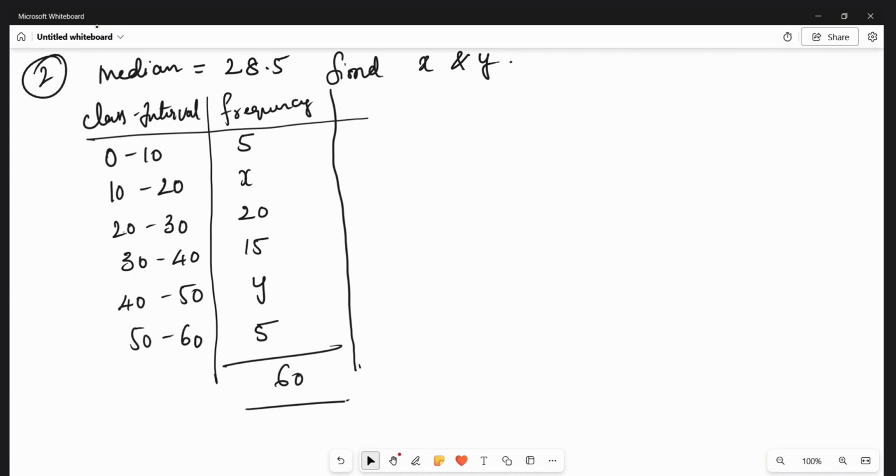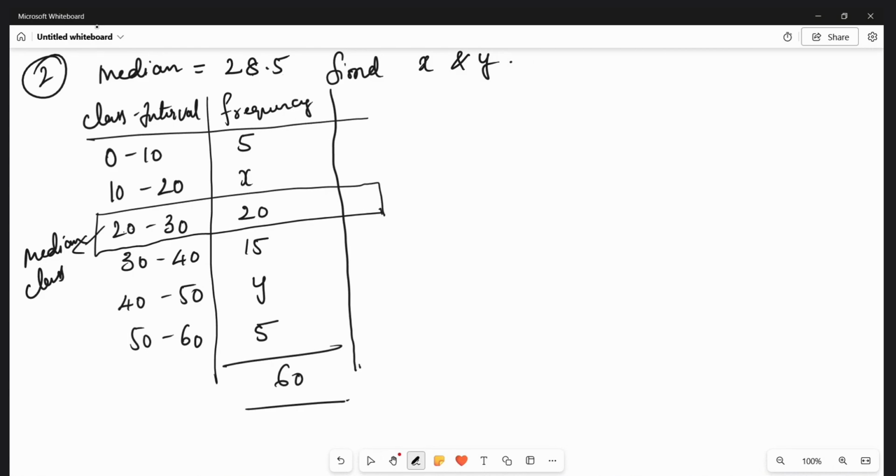So 20 to 30 will be the median class, because the median value is already there. So the median 28.5 is between 20 to 30. That will be the median class.